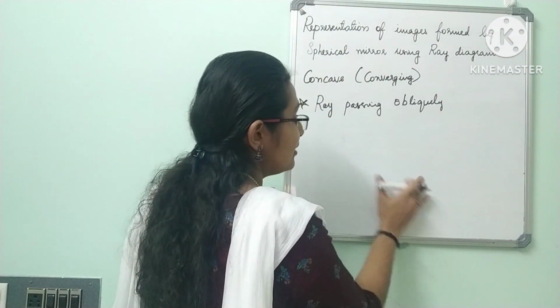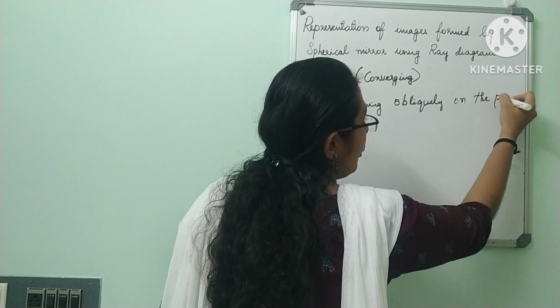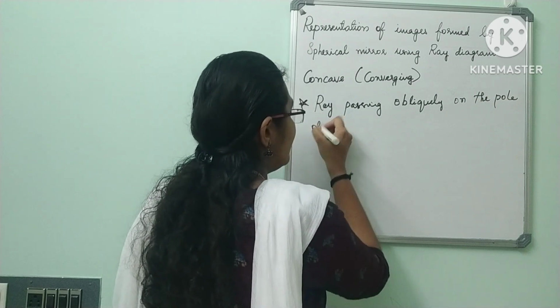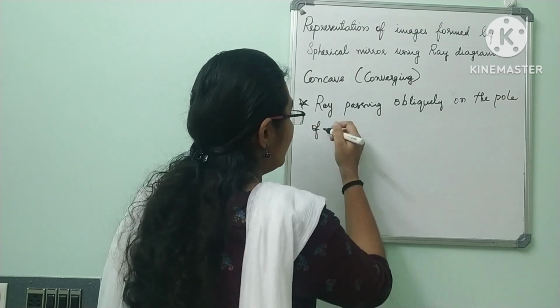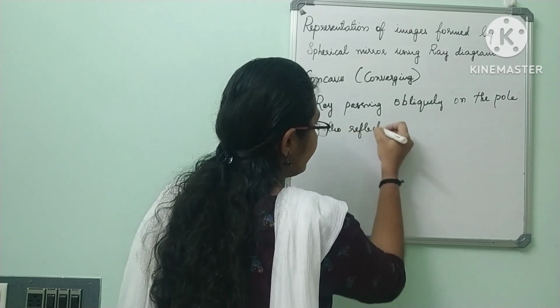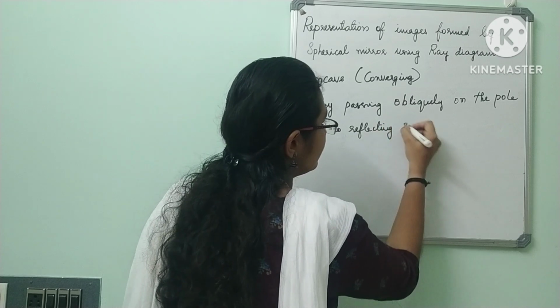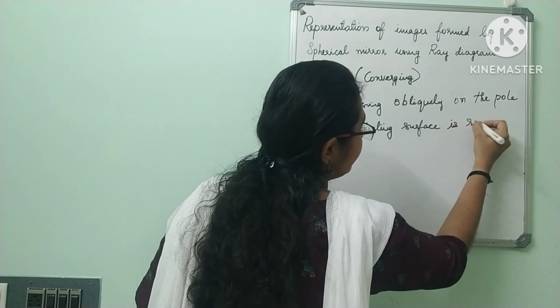A ray passing obliquely on the pole of the reflecting surface is reflected obliquely.